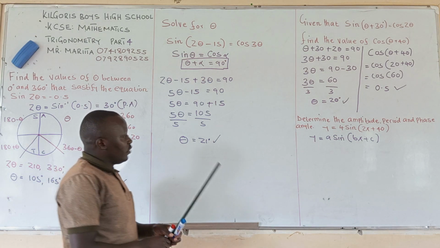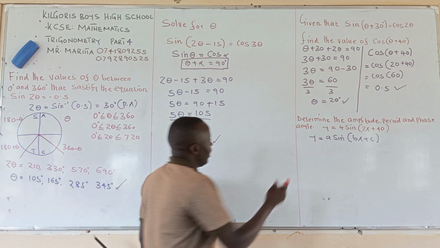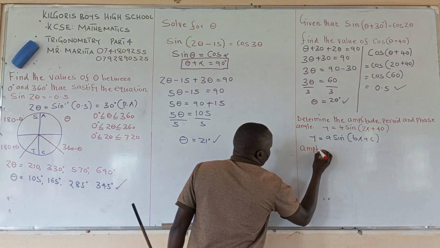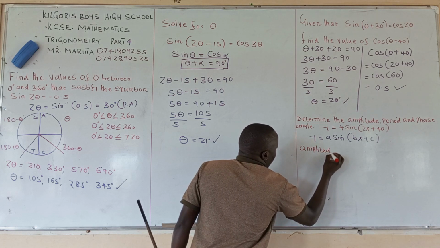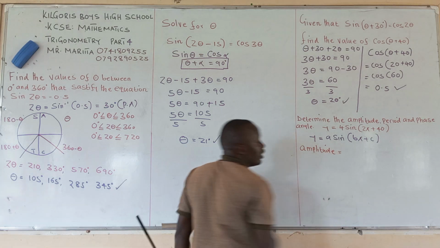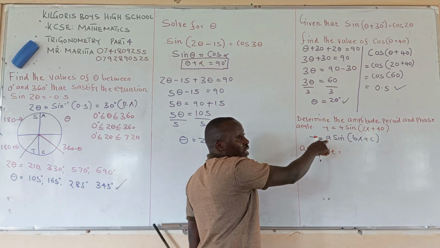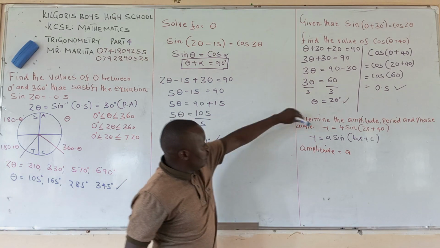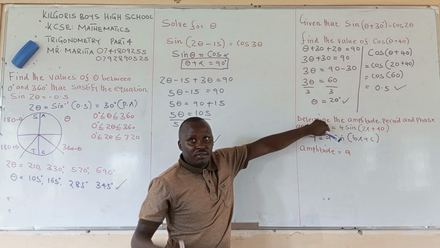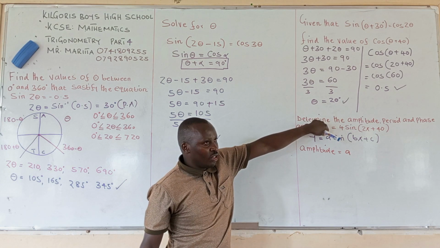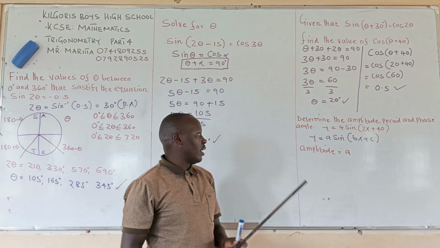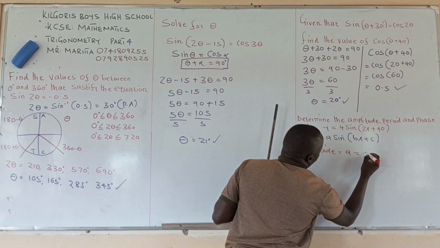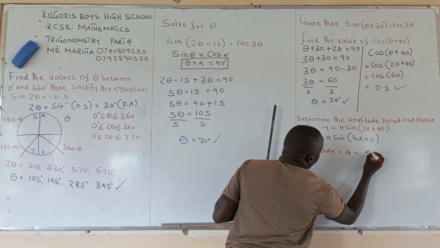Then from here you get the amplitude. Amplitude is normally equivalent to A. You pick the value which is before the sine, the cos or the tangent, and that one becomes our amplitude. So from this equation here, our amplitude is equivalent to 4.